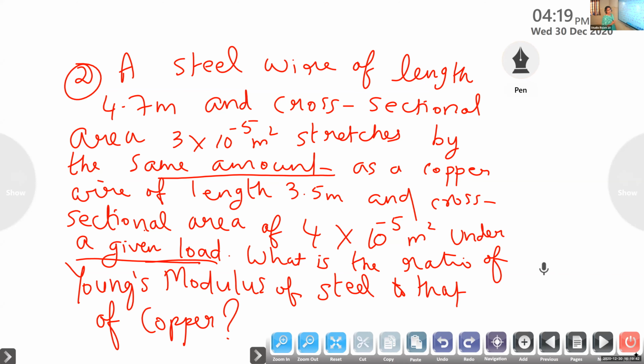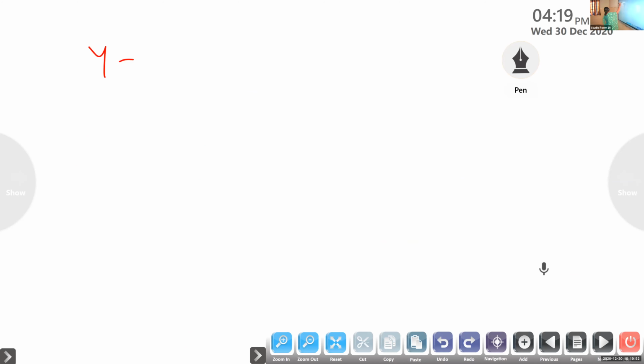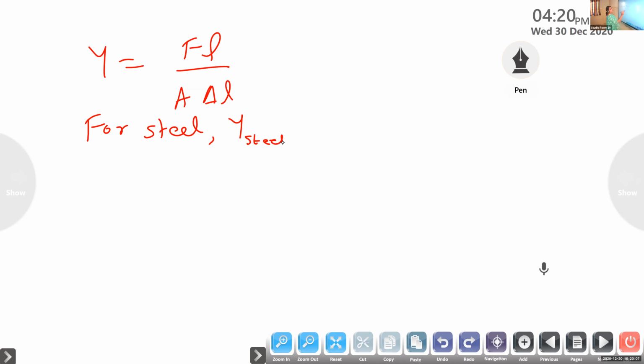Since the length is involved, we use the equation Y is equal to FL by A delta L. So you can write down Young's modulus Y is equal to FL by A delta L. Thus for steel, in order to differentiate between both Young's modulus, you can write Y steel. Now, what are the values related to the steel?